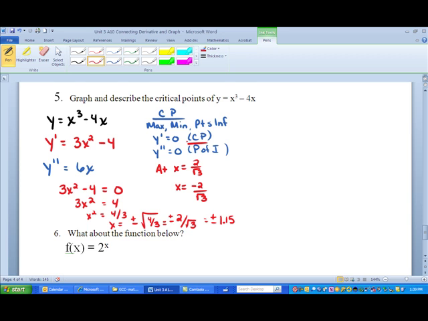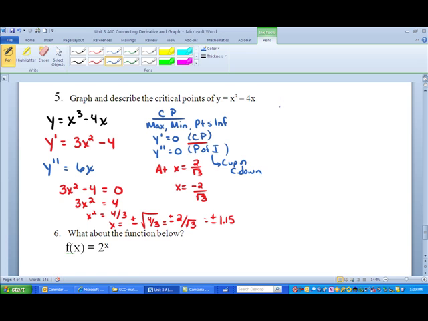If our graph is concave up, then we have a minimum point, and if it is a point of inflection, that's when our second derivative would be 0. So remember that the second derivative equal to 0 gives a point of inflection, but otherwise it tells us whether we're concave up or concave down.